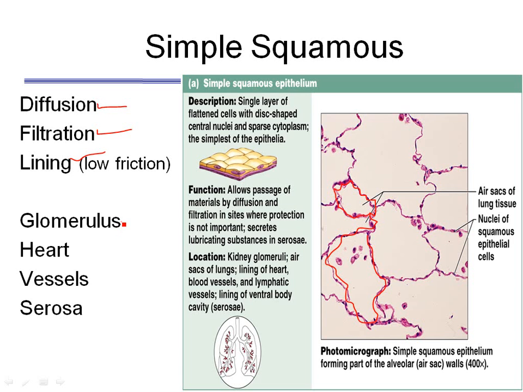We'll find it in the glomerulus, a structure in the kidney where it does filtration. You'll find it in the heart where it's a lining. You'll find it in blood vessels where again it's a lining. And guess what? Serous membranes are made of simple squamous epithelia. The structures you see here are called the alveoli, for plural, alveolus is singular, and this organ is the lung. Here, it's diffusion.